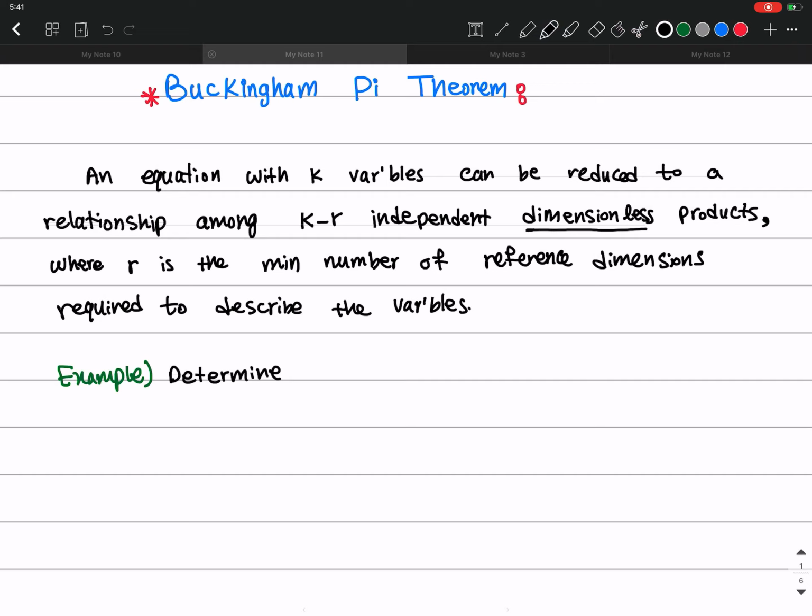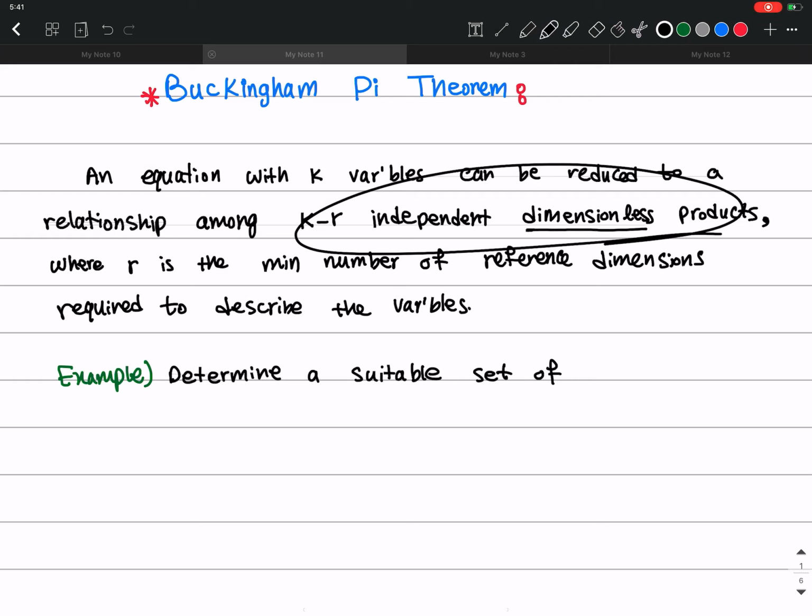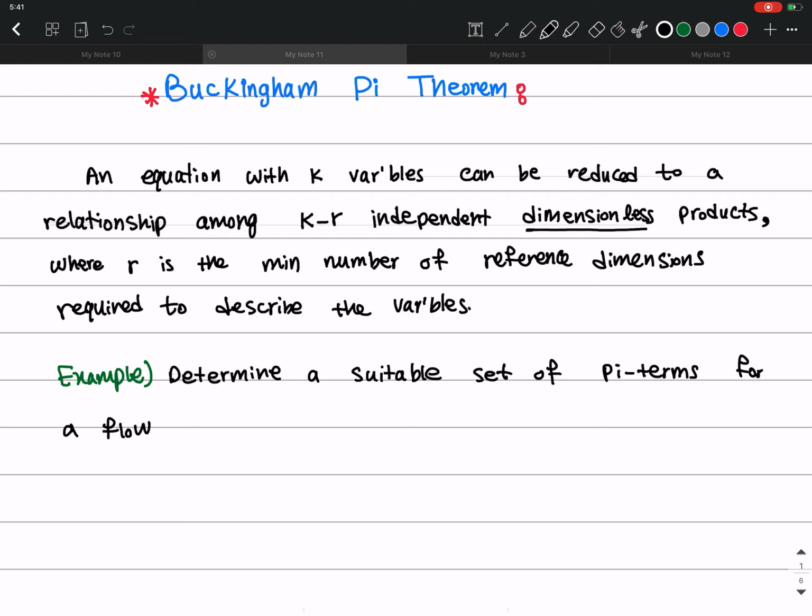And these K minus R independent dimensionless products, we call them pi terms, okay? So here I say determine a suitable set of pi terms for a flow inside a circular pipe, okay?